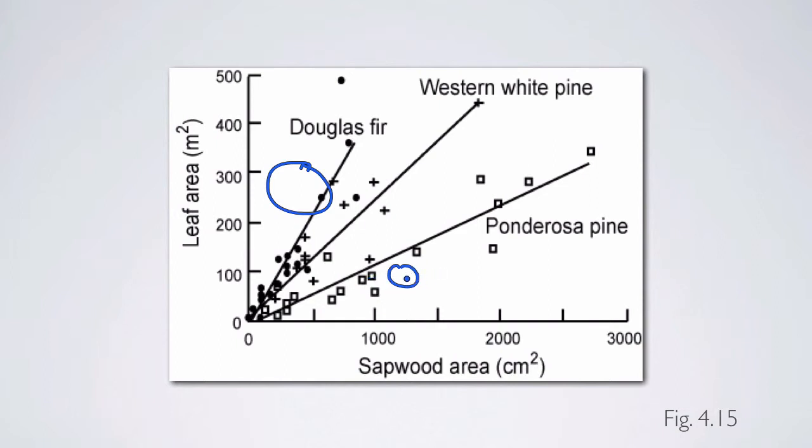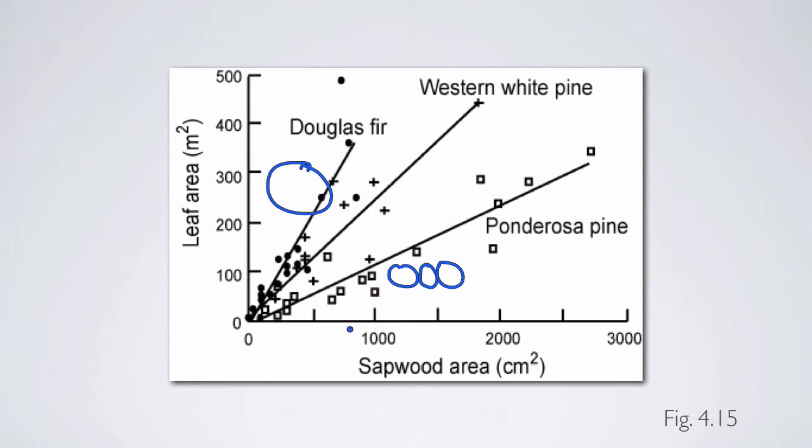Because the resistance is greater in a smaller diameter xylem than a larger diameter xylem, if you put all the smaller diameter xylem together, you're going to need a lot greater area of conducting xylem to support a given amount of leaf area in ponderosa pine than you do for Doug fir.